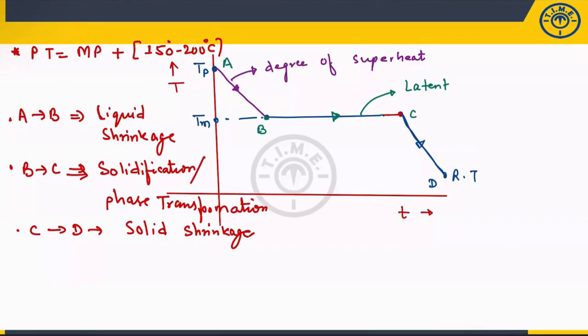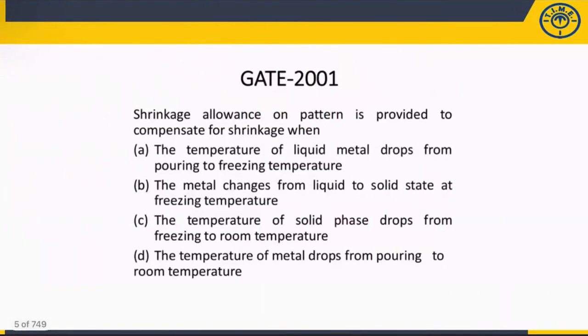Now based on that, some questions have been asked in the GATE exam. Shrinkage allowance on the pattern is provided to compensate for shrinkage when... option C. Now if you see, it is talking about shrinkage allowance on the pattern, where you are providing the allowances.